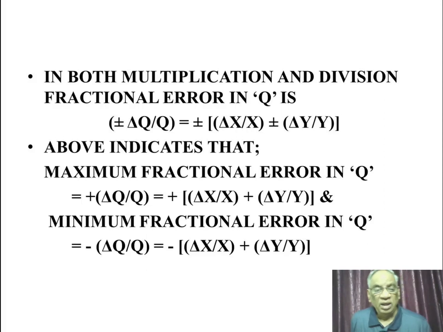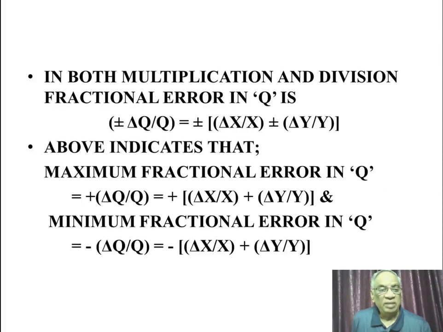So even in division, it is not the error, it is the fractional error, like in multiplication, of the term q that is the sum of fractional errors in the individual terms x and y.